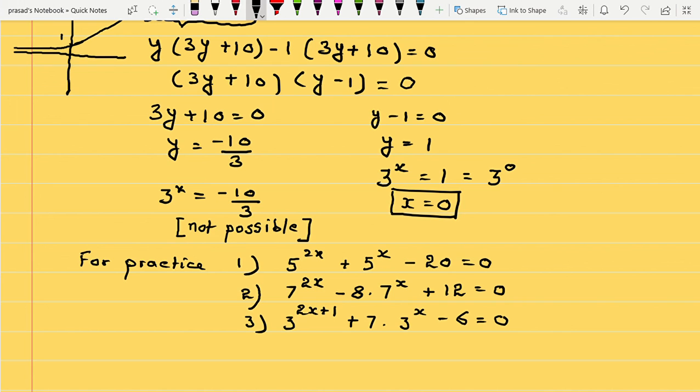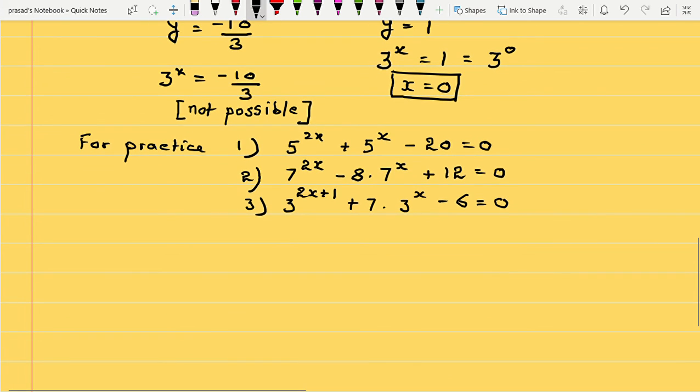So here, first split up 3 to power 2x plus 1 as 3 to power 2x into 3 to power 1, that is 3. And the fourth one, 5 to power 2x plus 1 plus 6 into 5 to power x minus 8 is equal to 0.